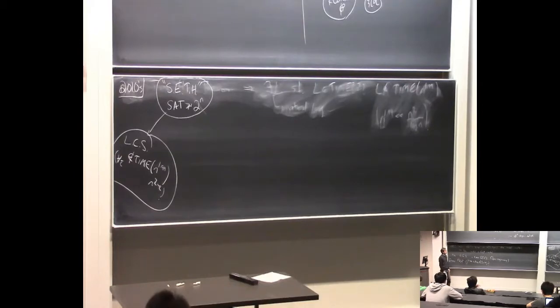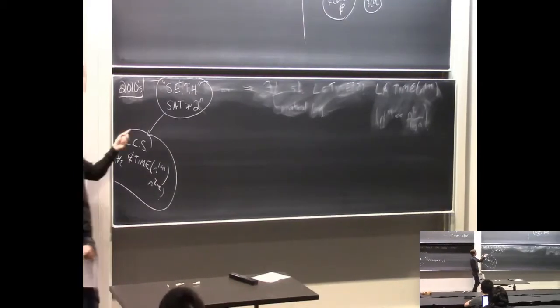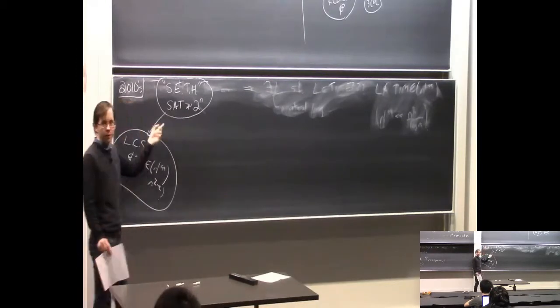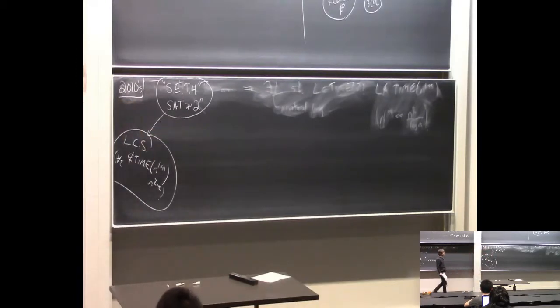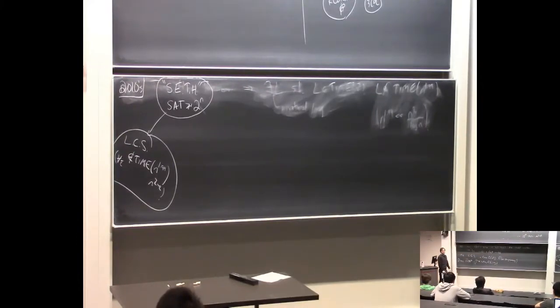And that's pretty interesting. So this is a very strong assumption, much stronger than P does not equal NP. And not everybody necessarily believes it. Even some complexity theorists don't believe it. I kind of believe it, but I've got no particular reason to believe it. But anyway, if you believe it, it implies you can stop looking for an LCS algorithm that's faster than n squared, which is a pretty interesting thing to know.